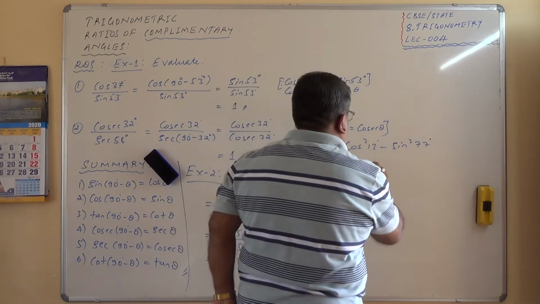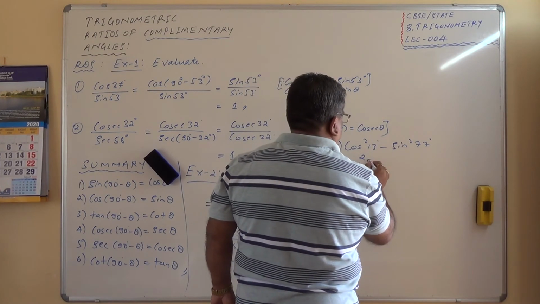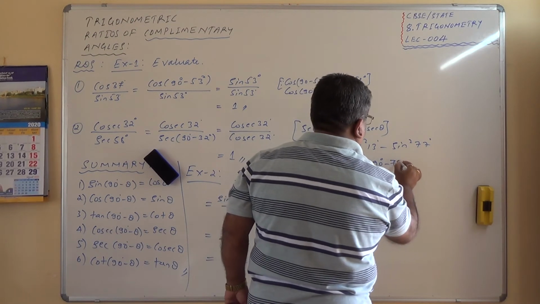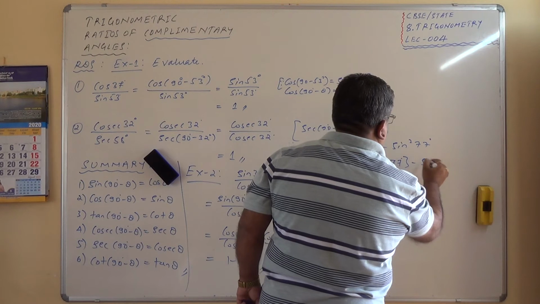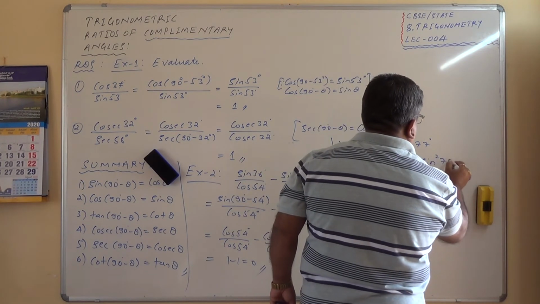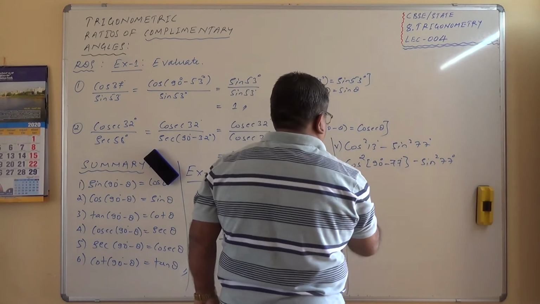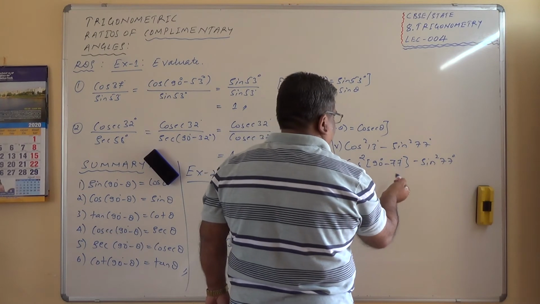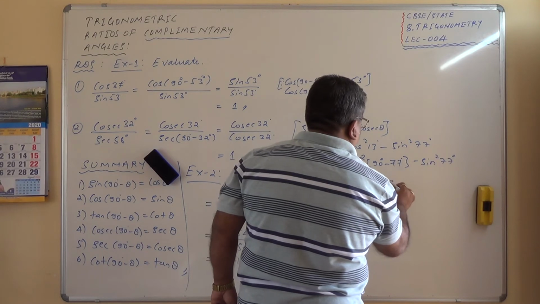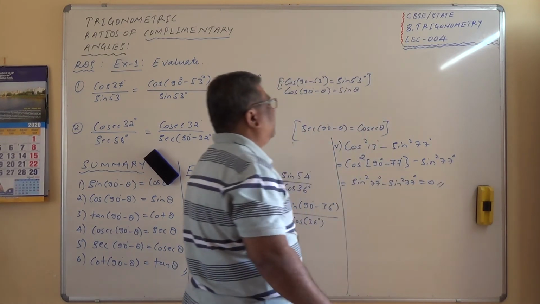So I can change cos square. Cos square 13 degrees can be written as cos square of 90 minus 77 degrees, minus sin square 77 degrees. You need to change only one of these two. Cos square of 90 minus theta is sin square theta. So sin square 77 degrees minus sin square 77 degrees, which is 0, is the answer.